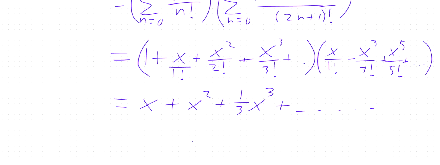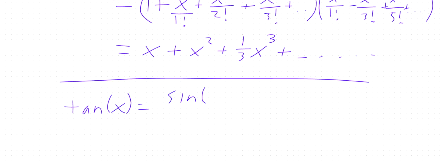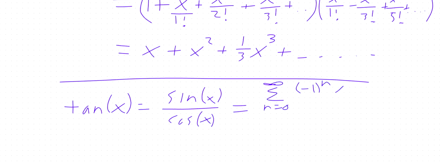Similar thing if we wanted to do a tangent, not arctangent we did before, but just tangent. We could write it as a sine over cosine. We can then write our individual series and do our division.